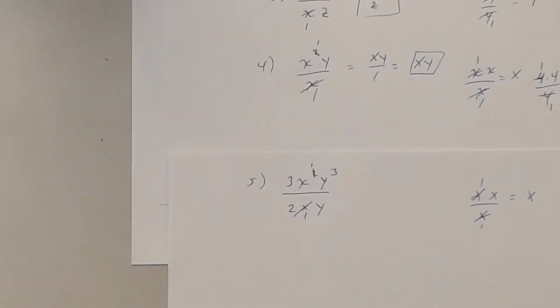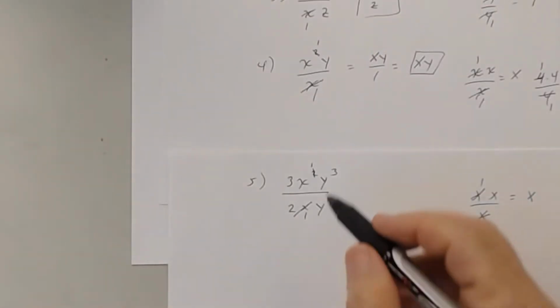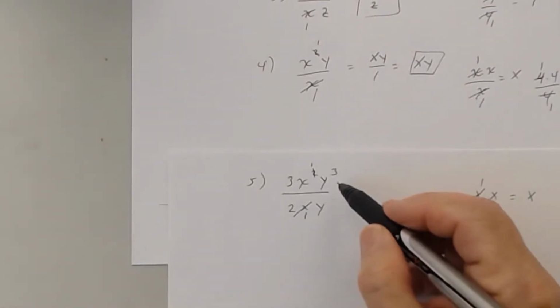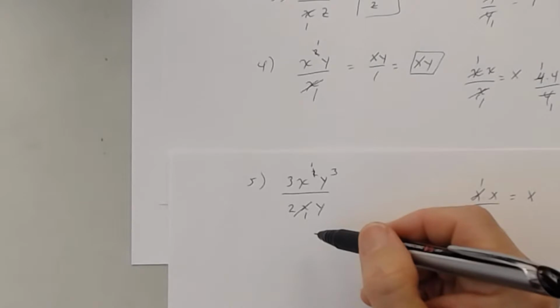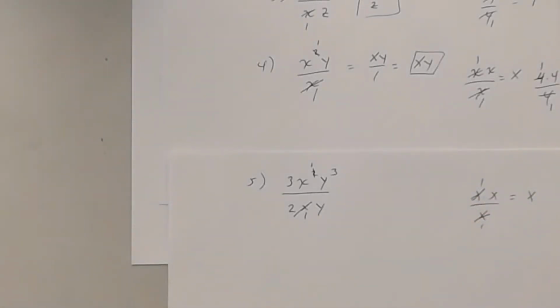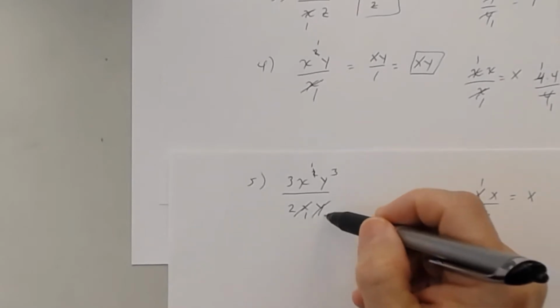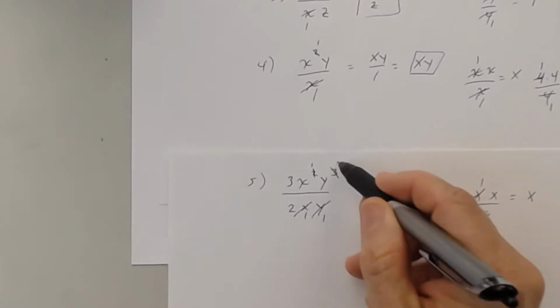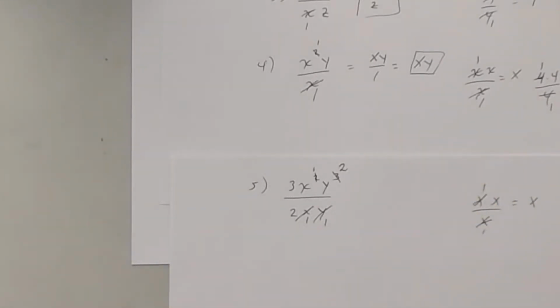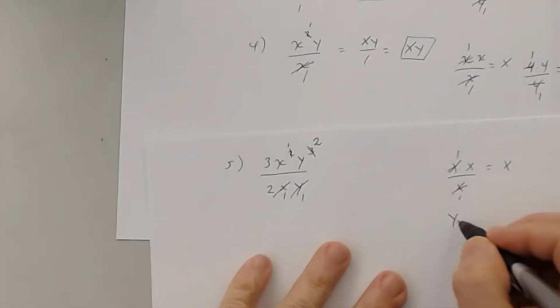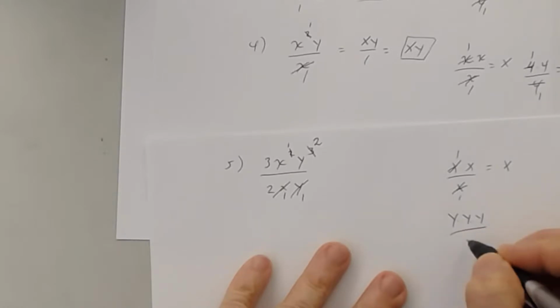Okay, let's talk about the y's now. How many factors of y are in the numerator? 3. How many factors of y in the denominator? 1. When I reduce them, I have how many factors left? 2. Very good. So you're going to say y, that's going to be a 1, that's going to be a what up here? A 2. Kind of makes sense because look, if I wrote it out, that's y times y times y divided by what?